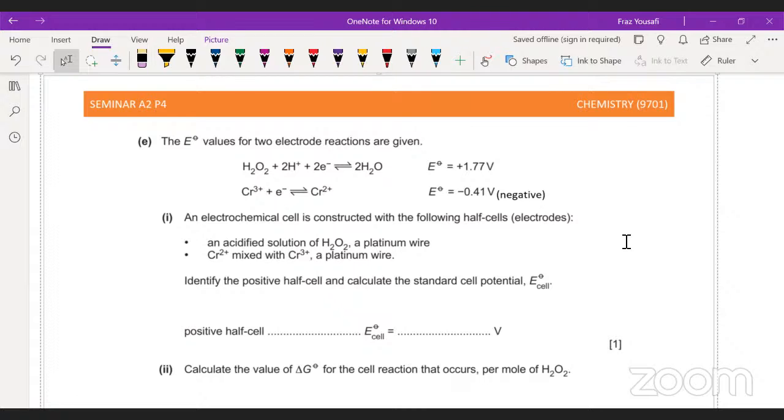So if the Cr2 plus is going to be oxidizing into Cr3 plus, what that specifically means is that the chromium half cell would act as my negative electrode. Now, if the chromium is the negative electrode, the positive half cell is the hydrogen peroxide.